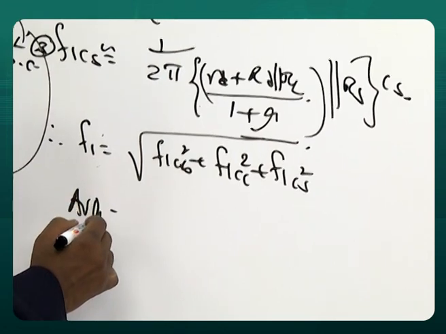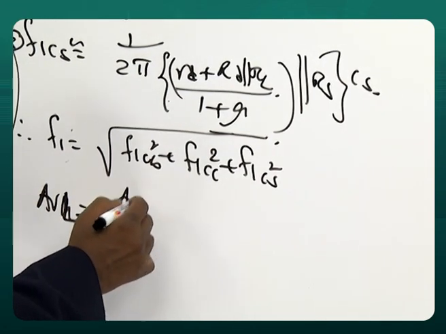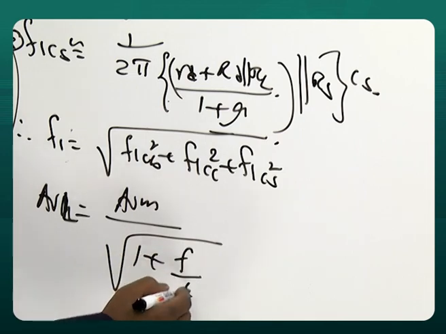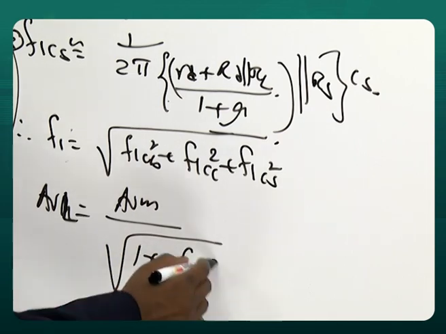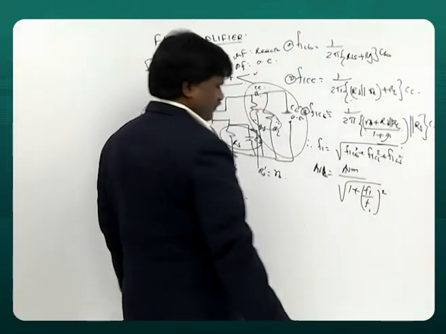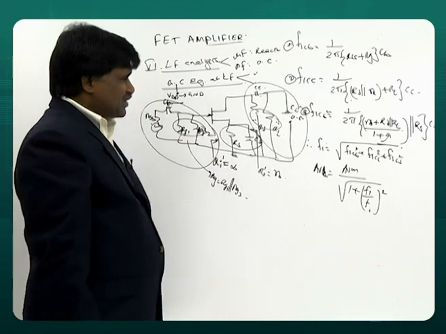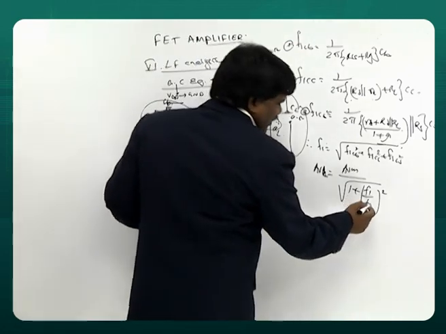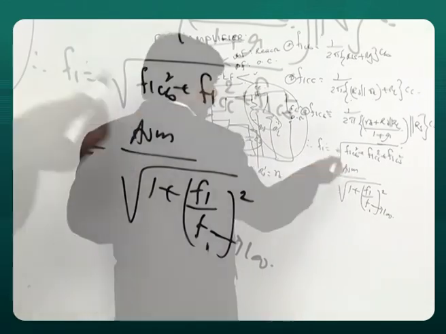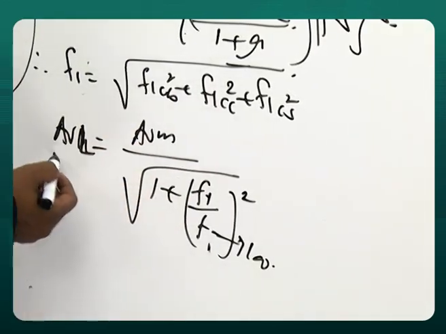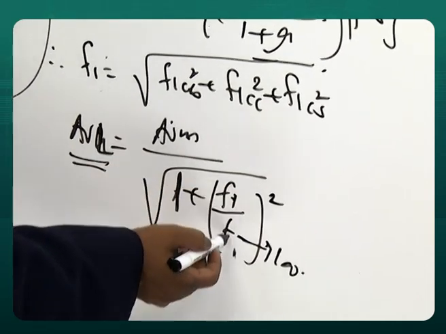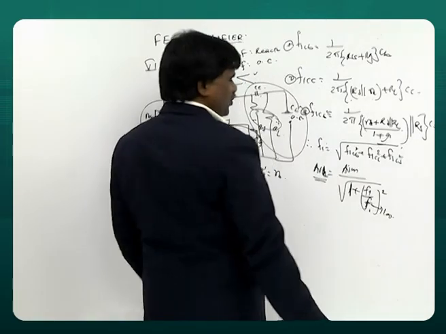And AVL is equal to AVM by root of 1 plus (F1 by F) whole square. Now what am I trying to say? Suppose they say frequency is 100 Hz and F1 is here, AVL is AVM by root of 1 plus (F1 by F) whole square.